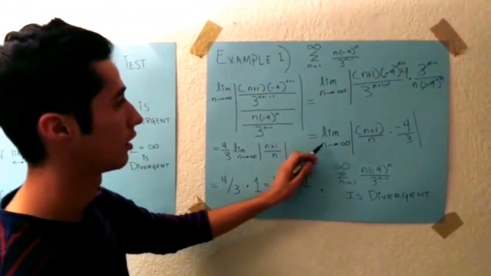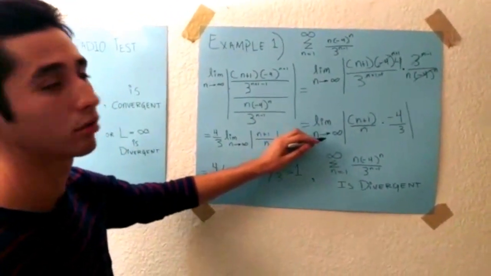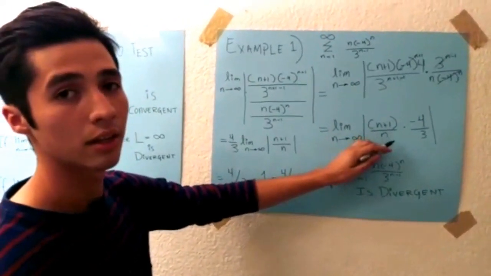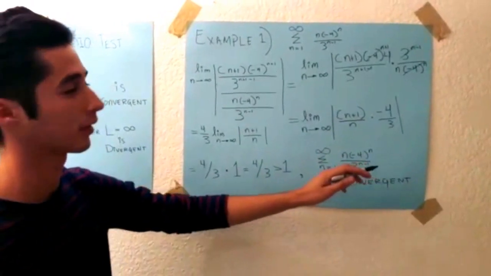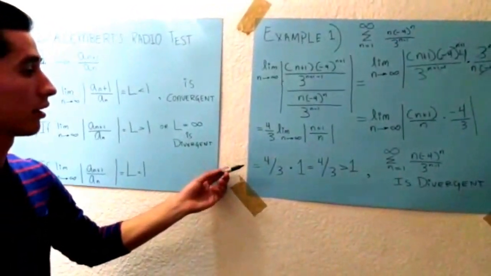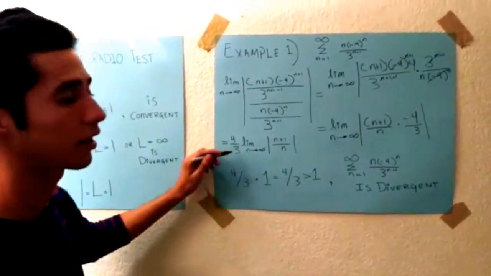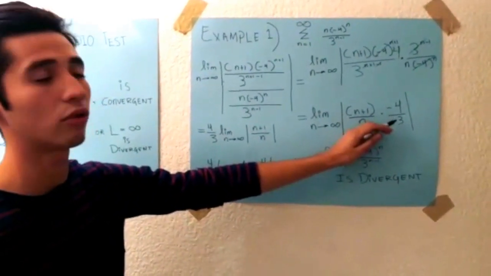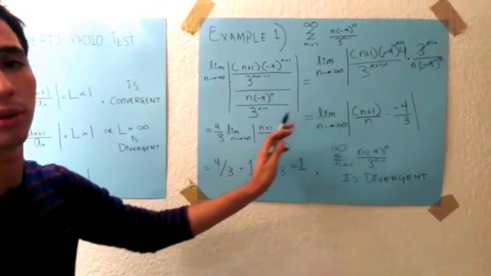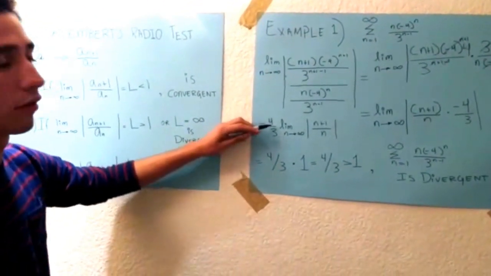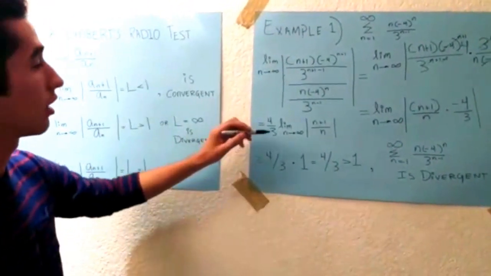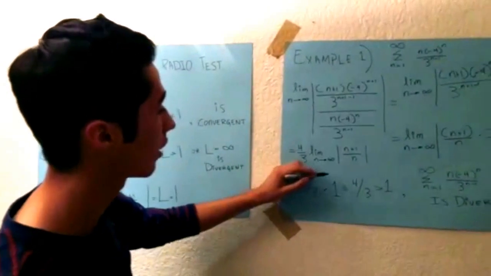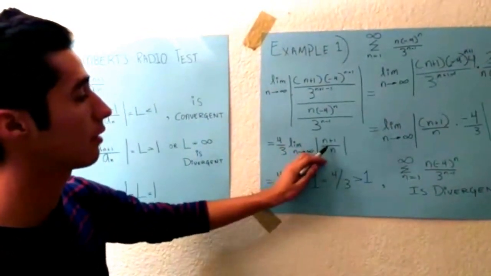And that's equal to the limit as n goes to infinity of the absolute value of n plus 1 over n times minus 4 over 3. And then I can take out the minus 4 over 3, but it's going to be positive. So I have 4 over 3 times the limit as n goes to infinity of the absolute value of n plus 1 over n.